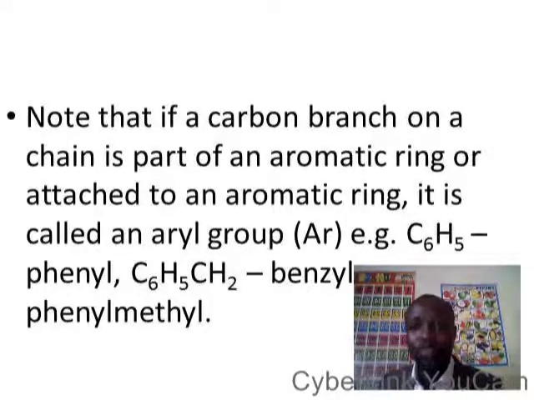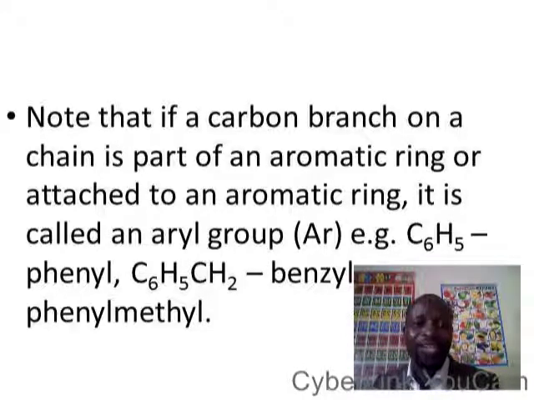Let's move on. Note that if a carbon branch on a chain is part of the aromatic ring or is attached to an aromatic ring, it is called aryl. Aryl is the aromatic ring minus 1 hydrogen atom.